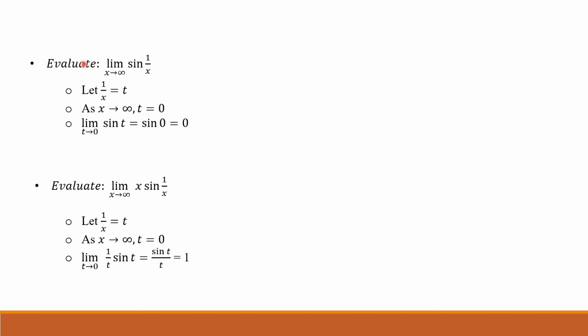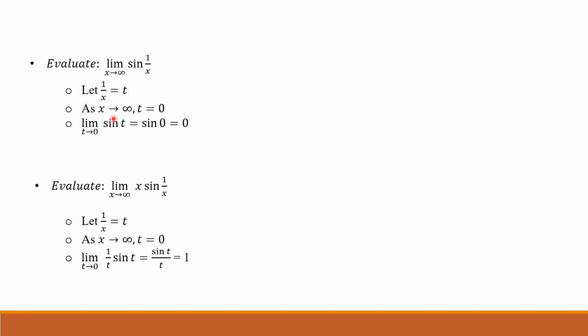So here it is telling me to evaluate the limit as x approaches infinity of sine 1 over x. So this is a tricky question because if you do direct substitution, you get an angle of 1 over infinity. So here we just need to make a twist. So I introduce a term and I say let this 1 over x be equal to t.